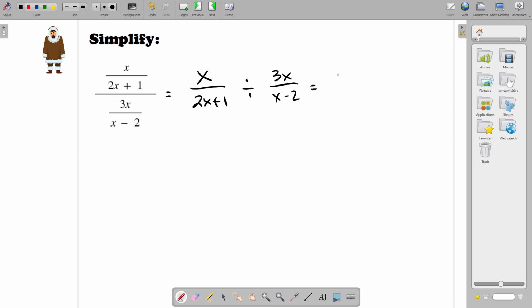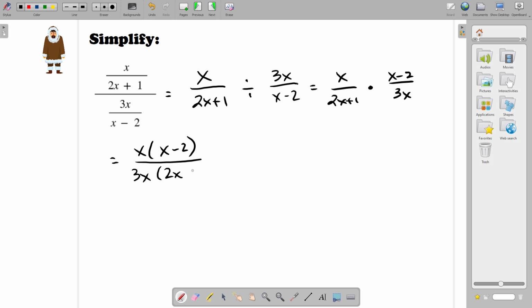Whenever we're dividing fractions, we change to multiplication, and the second fraction we take the inverse of that fraction. It flips over. Change division to multiplication, flip the second fraction over. Now we're just multiplying. So I have x times x minus 2 on the top, and I have 3x times 2x plus 1 on the bottom.